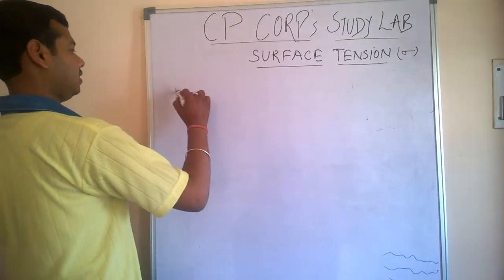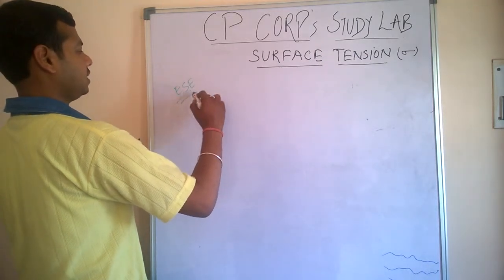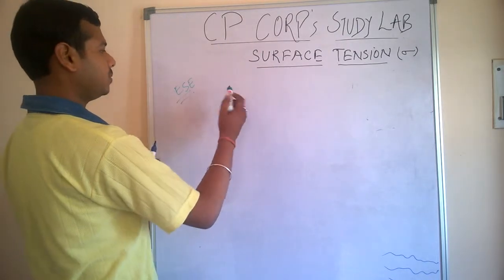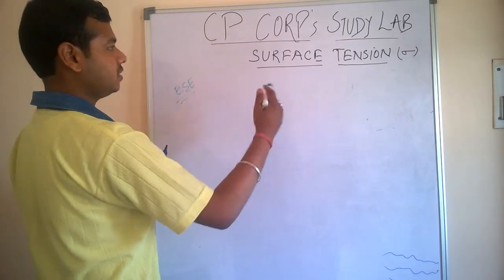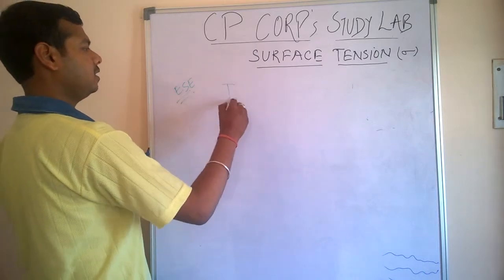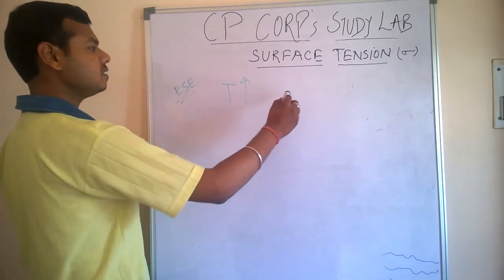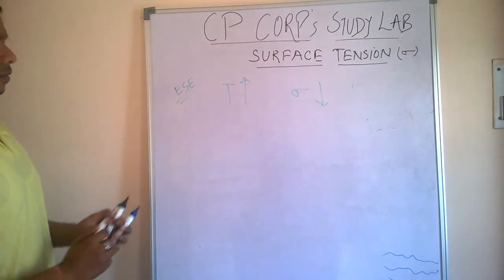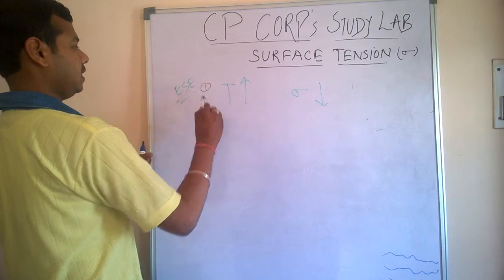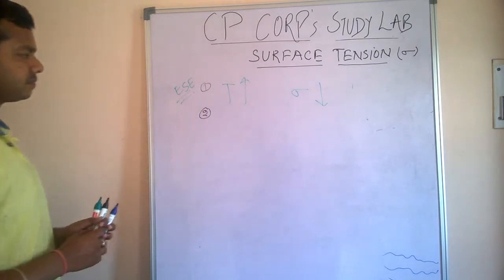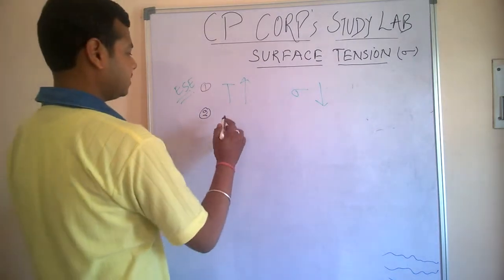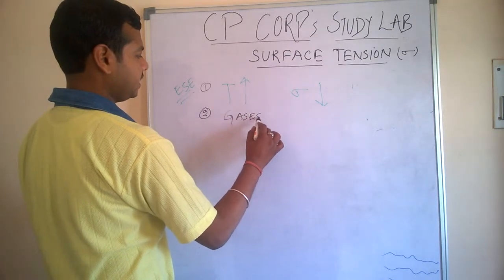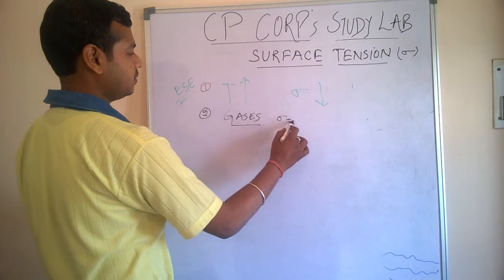Next, an objective question which was asked: what is the relationship between temperature and surface tension? Whenever we increase temperature, surface tension decreases. That was one ESE question, and the next ESE question was surface tension in gases. In gases, surface tension is zero. Why?